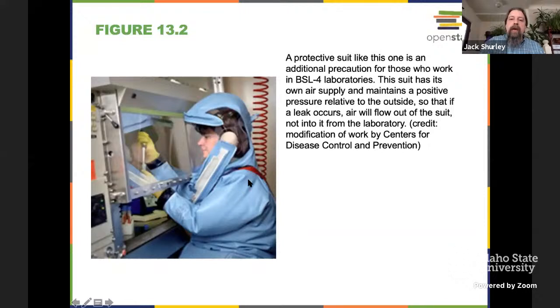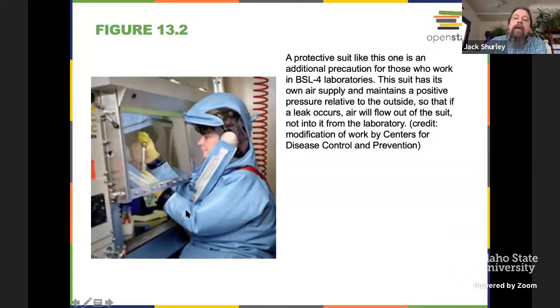And the suit that they're in is a positive pressure suit, where air is, as you see this red hose coming down, being piped in, inflating the suit. So it's kind of a double layer of protection, the positive pressure in the suit and the negative pressure in the hood, to hopefully ensure safety.